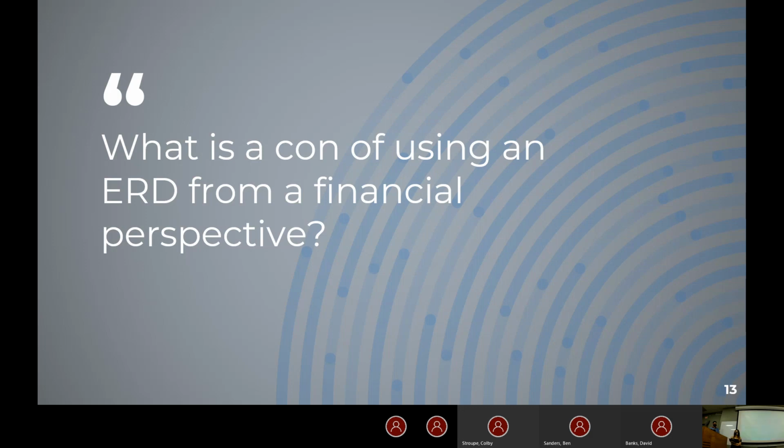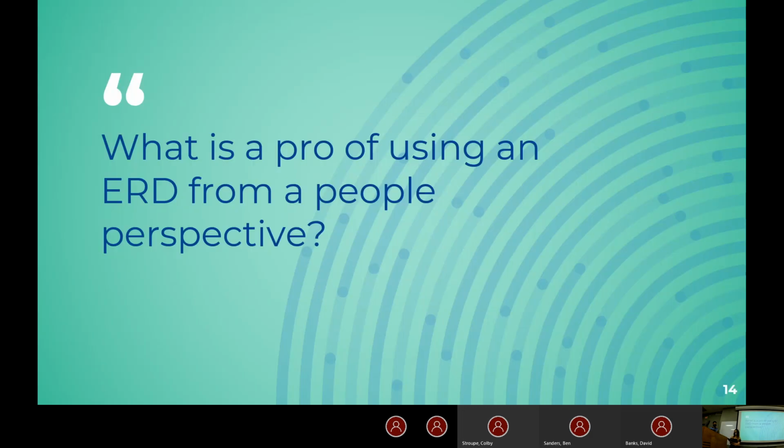Basically, all these are the same question. We're asking, what would be a pro from a people's perspective of using an ERD in a bank or anywhere else? Being able to keep track of everyone much more easily.